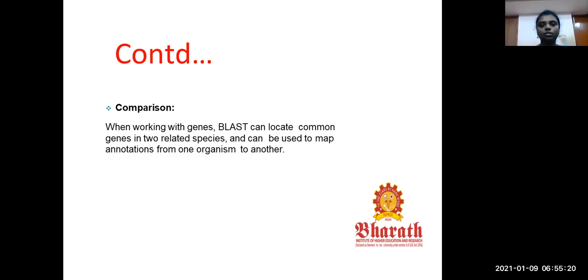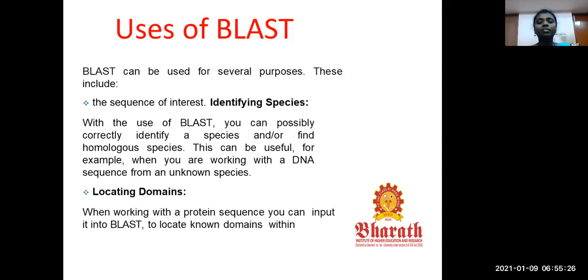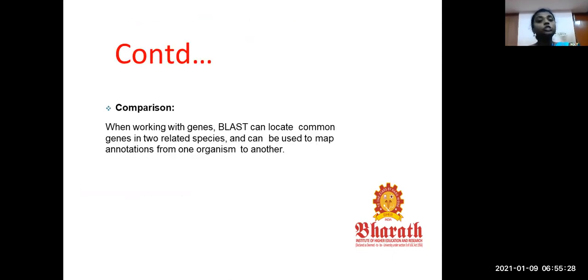If you work with a protein sequence, we can know its domain. And if you work with genes, we can locate common genes in two related species. If the two species have the same gene, we can identify which family it belongs to. Those comparisons can also be done with BLAST.